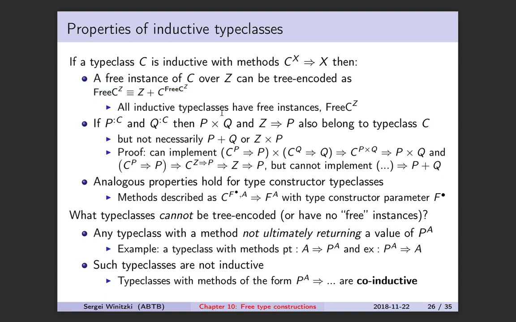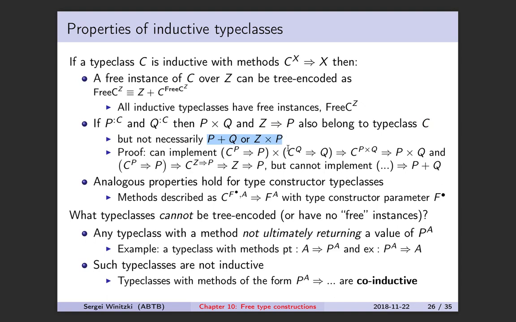It has all the properties. And you have further properties. For instance, if P and Q are instances of this class, then the product of P and Q and the function from Z to P, where Z is a fixed type, are also instances of type class C.